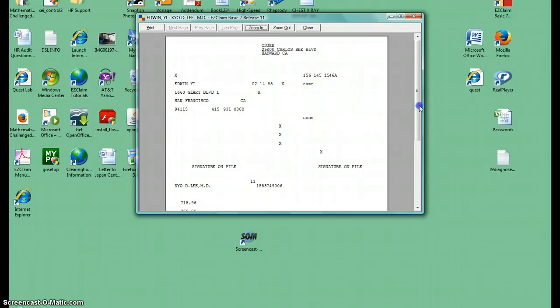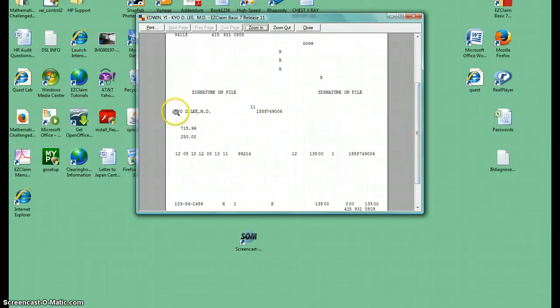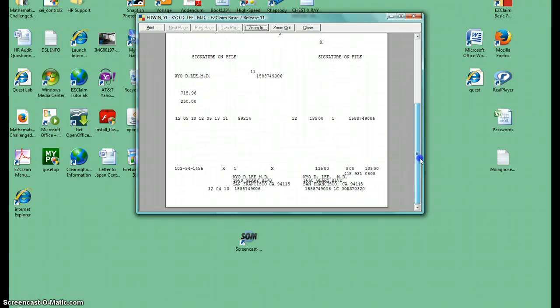Then we have the doctor's information right here, his name, NPI number. Here would be the diagnosis. Over here is the date of service. Here's the procedure code, how many diagnoses the patient came in for, and the charge right here, and the NPI number again. And lastly, here's the tax ID number for the doctor.